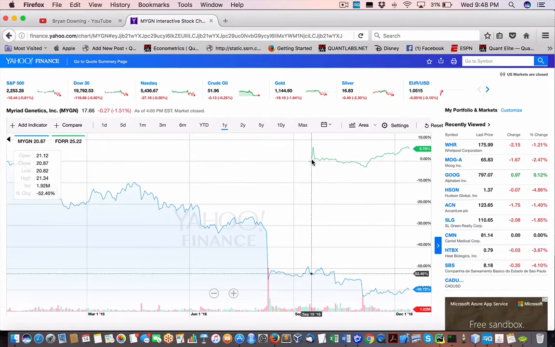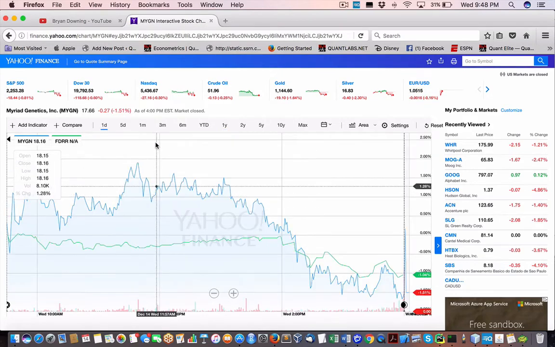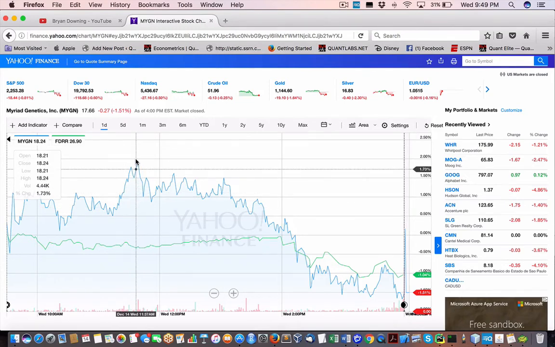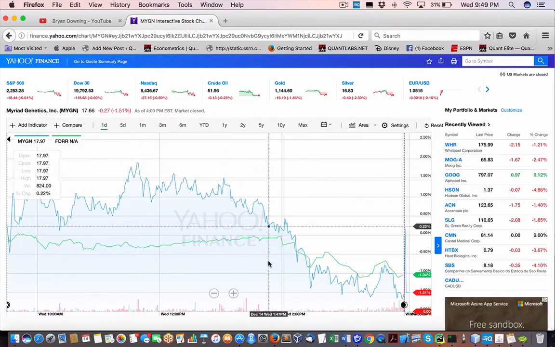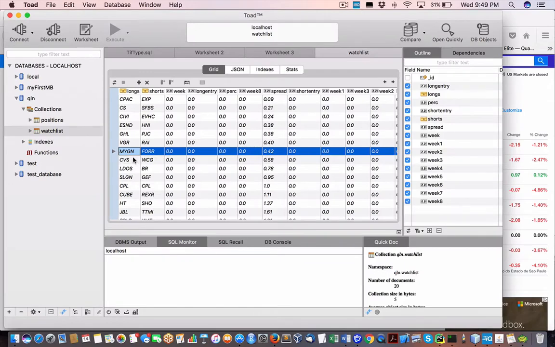Oh, there's our short here. Strange. That's a 1 year, 1 day. Here, Wednesday, flatline for a bit to about to here. 1.73 move, not bad. So far we're 100% batting ratio on the intraday level.